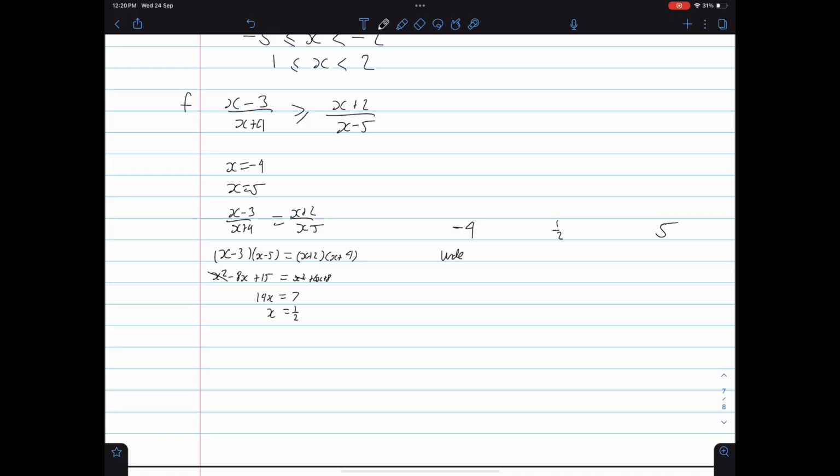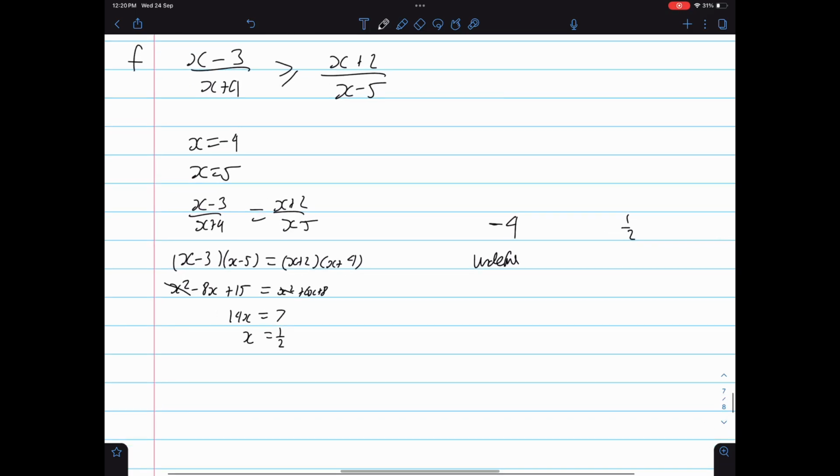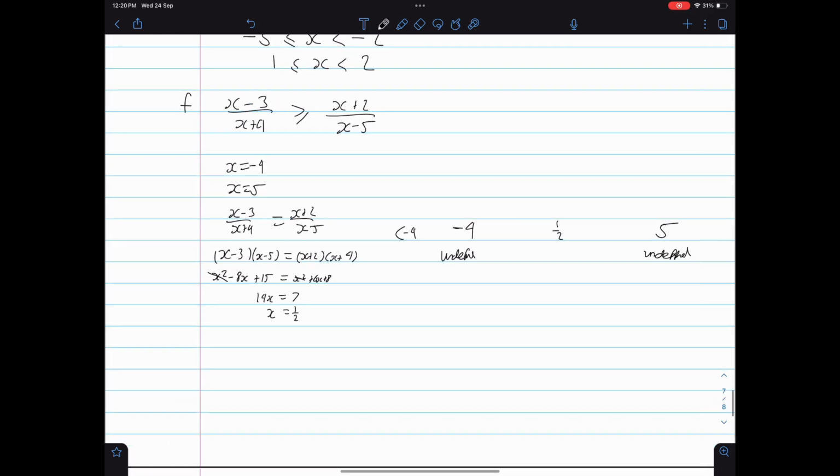We know that at this point we've got undefined, and at this point we've got undefined. But less than negative 4, there'll be a negative on bottom, but it'll be a negative on top. So negative, negative makes a positive.